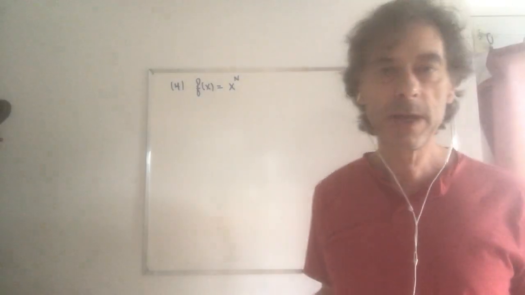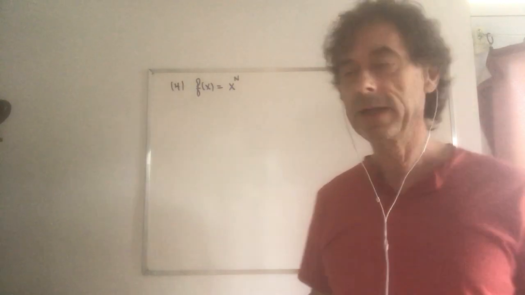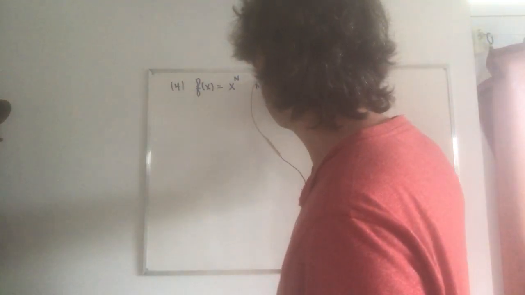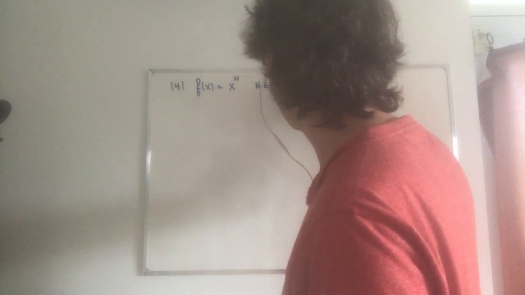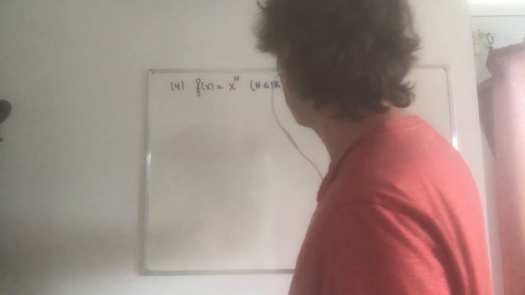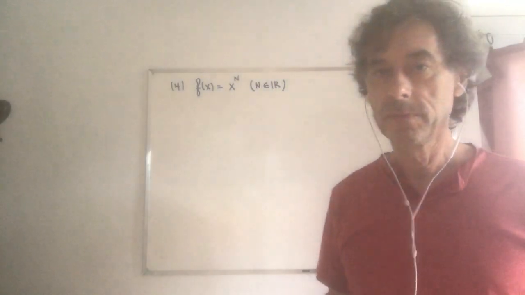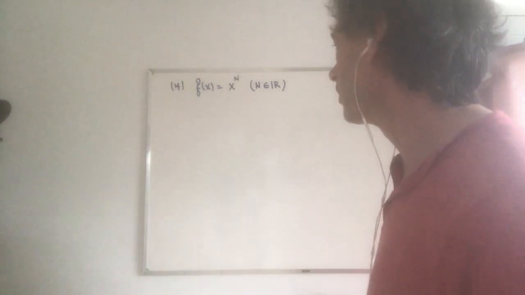Genre x^3, even x^(1/2), even x^(-1), right? So x to any power. We can actually show that n is just an element of the real numbers. So you can have even x to the power of root 2. Any number here will do, positive, negative, rational, irrational.